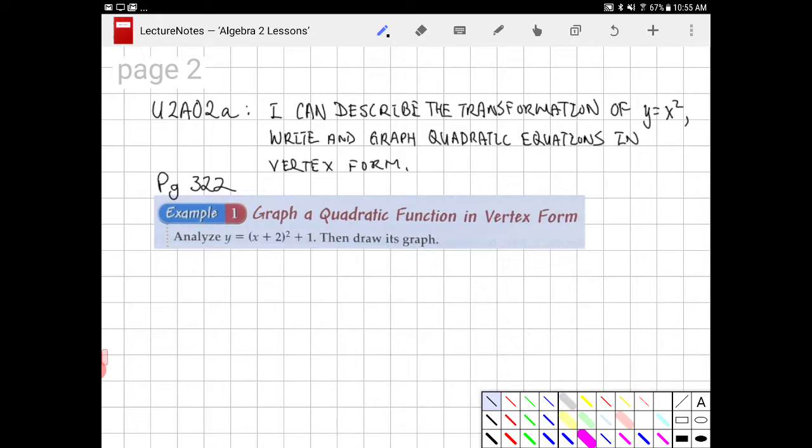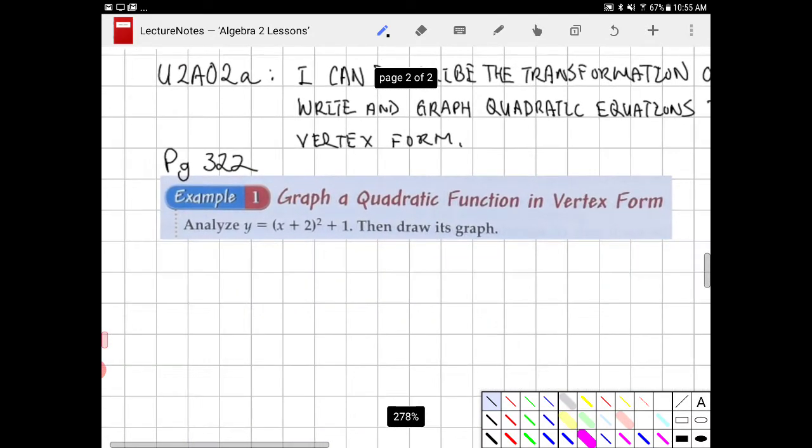So what do they mean by analyze? Well, they want us to describe how the original parent function y equals x squared is going to be transformed when presented in this manner. So now I have (x plus 2) quantity squared plus 1.